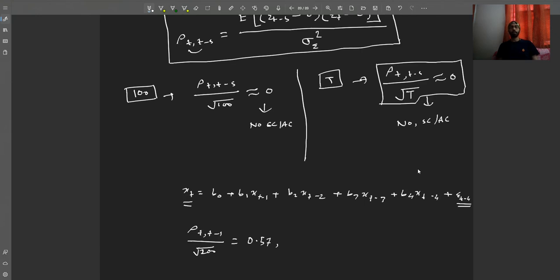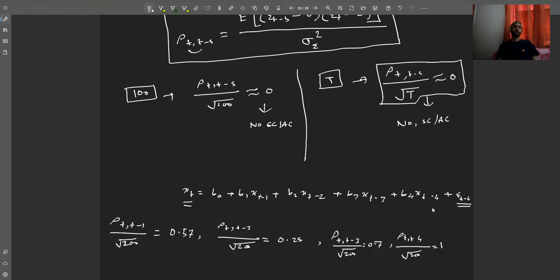Similarly, for t minus 2 root over of 200, this value comes to be 0.25. Similarly, for the other two variables, it comes to be 0.7 and 1.1, right? So these are the values.